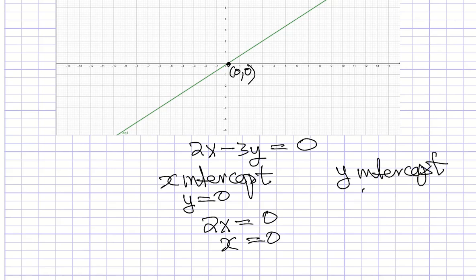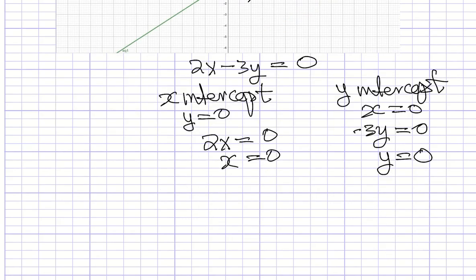You set x equals 0, and then you solve: minus 3y equals 0, y equals 0. You see what is going on? That's why both of them run through the origin, okay?